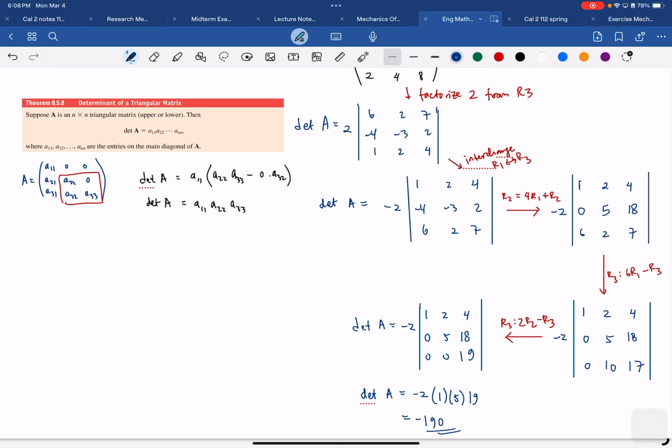Because if you don't multiply with this, then you are going to get the incorrect determinant. The rest, how to reduce, is the same as we've done. We can multiply and then subtract, or we can exchange the rows and so on and so forth. Okay, any questions?